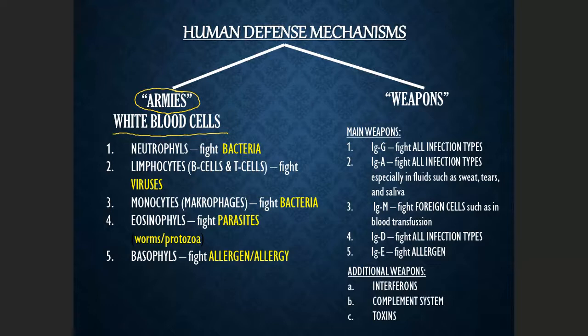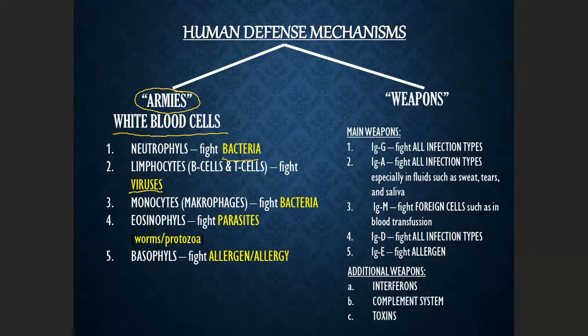The first one is called the neutrophils. These neutrophils are the white blood cells that usually fight against bacteria. The second one is called the lymphocytes, and this second type of army usually fights against viruses.